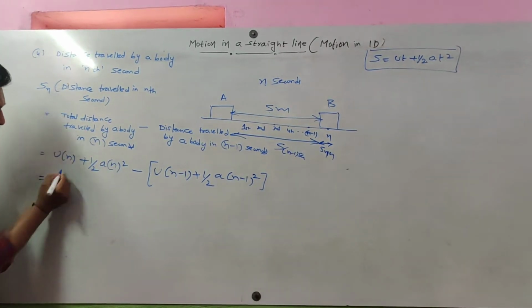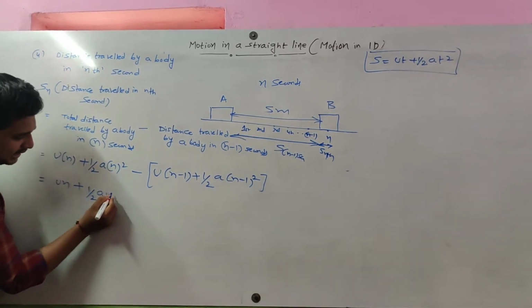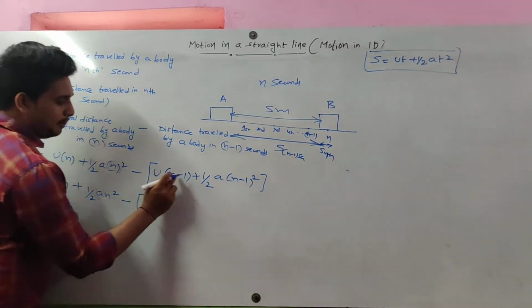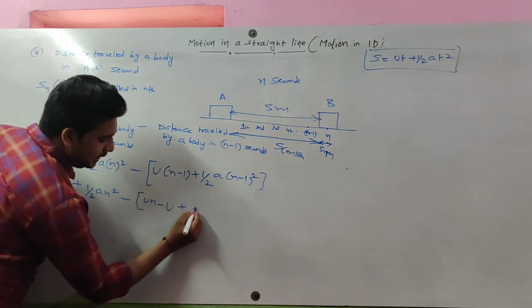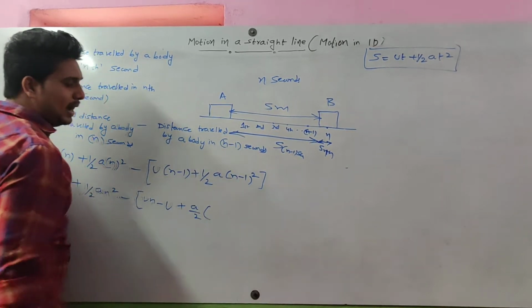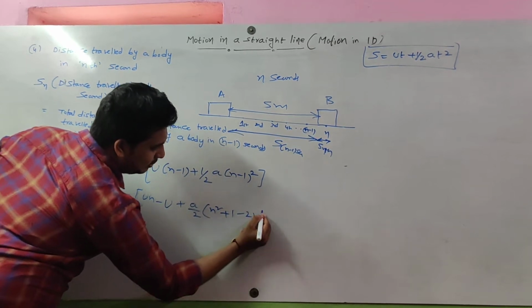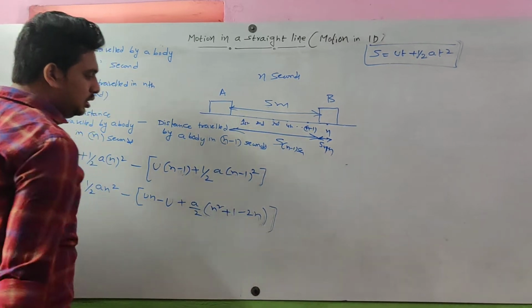Then we get un plus half into an square, minus u into n minus 1, that is un minus u, minus a by 2 into n minus 1 whole square, which means n square plus 1 minus 2n, because a minus b whole square is a square plus b square minus 2ab.